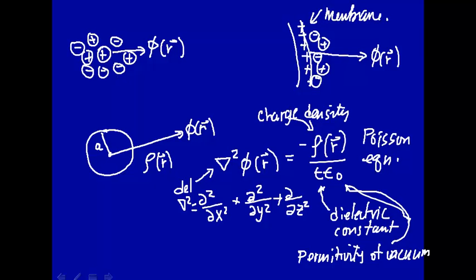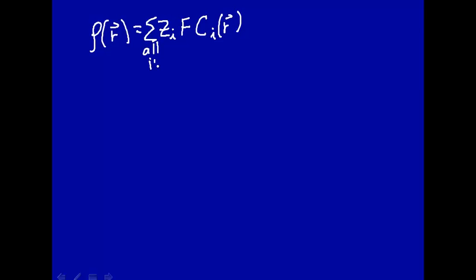First, let's convert the charge density into concentration of ions. It's actually quite straightforward. The charge density will just be related to the concentration of a particular ion at some distance r, and to change the concentration to charge, we multiply by the signed charge times the Faraday, and then we sum this up over all ions.